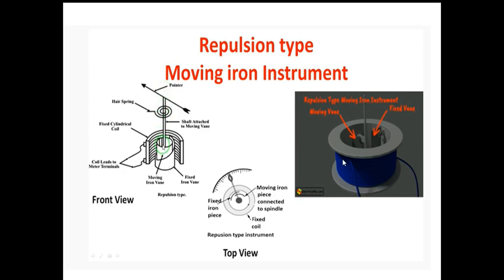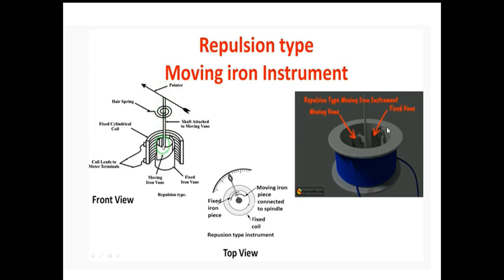As current flows through the coil, it establishes a magnetic field that magnetizes both the vanes with the same polarity, so they get repelled.